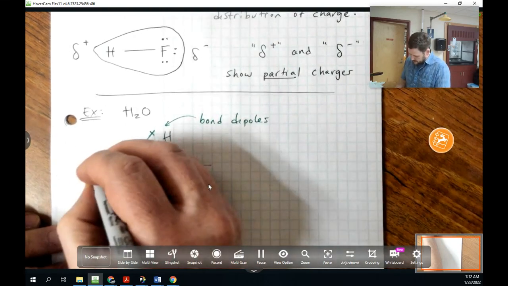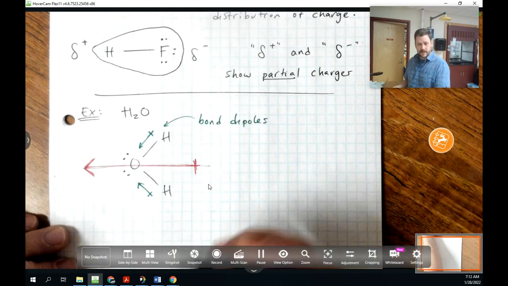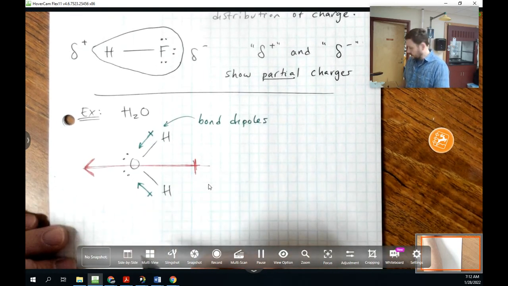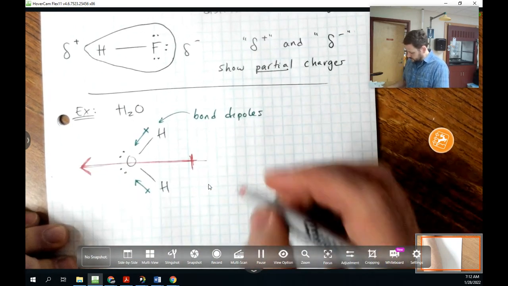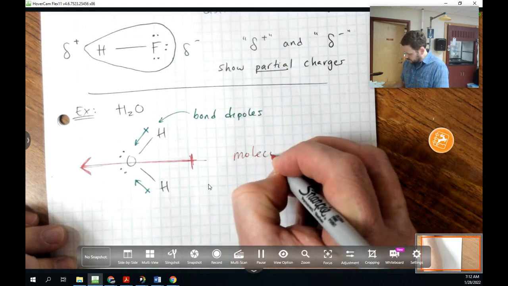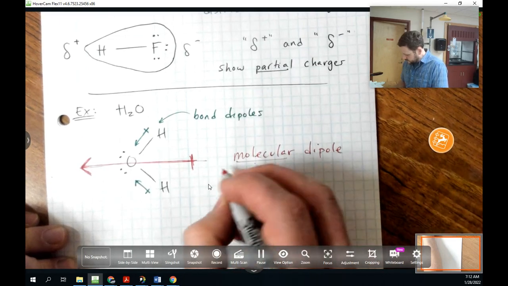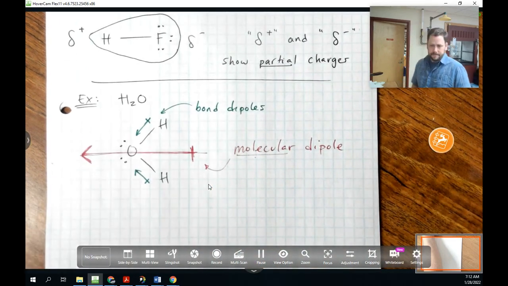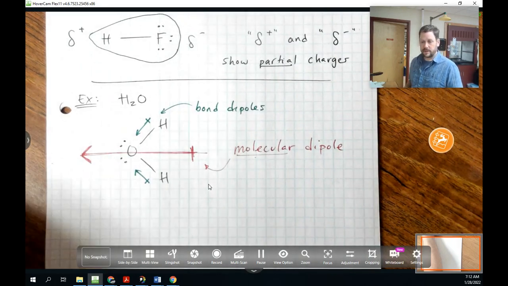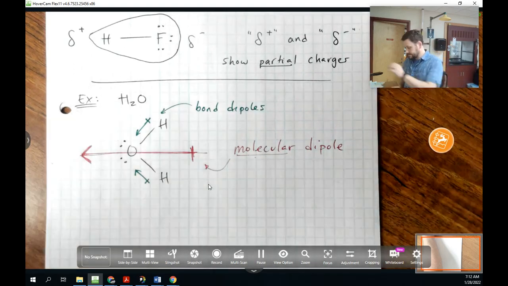It may make intuitive sense that those two green bond dipoles are going to add up together to give you this molecular dipole right here. So this is the overall dipole moment that results. Now, here, the two bond dipoles have resulted in a net or overall molecular dipole moment, but that isn't always the case.